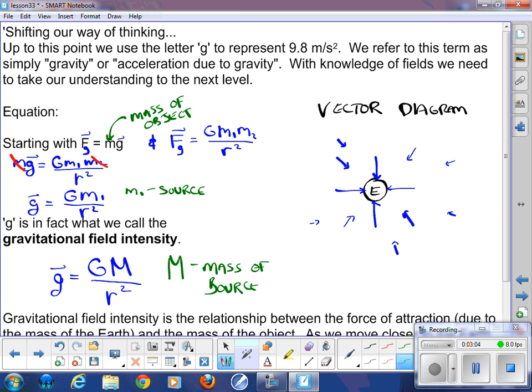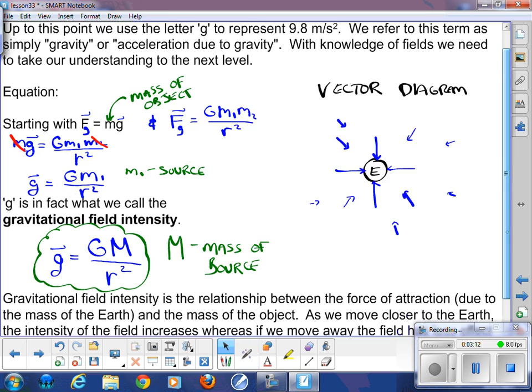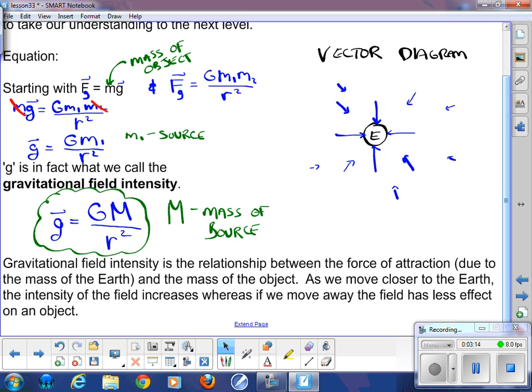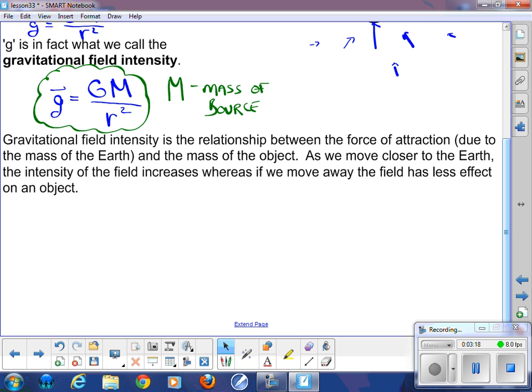This is the formula at the end that you want added to your formula sheet. Gravitational field intensity is the relationship between the force of attraction due to the mass of the Earth, or mass of the source, and an object. As we get closer to the Earth, that intensity increases, and that's what I was showing with that vector diagram.